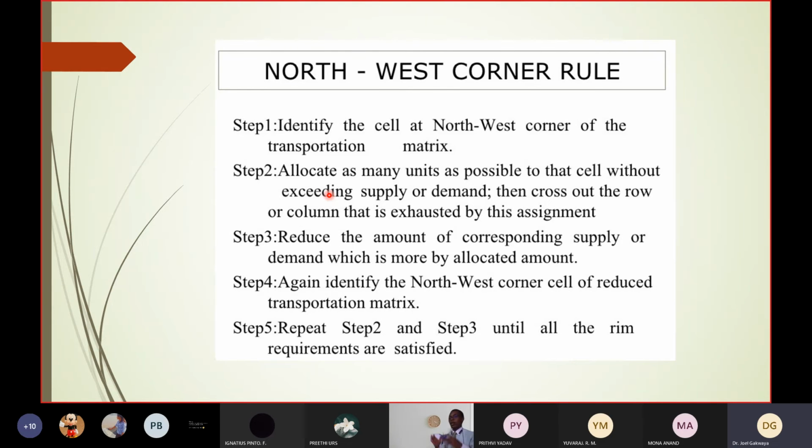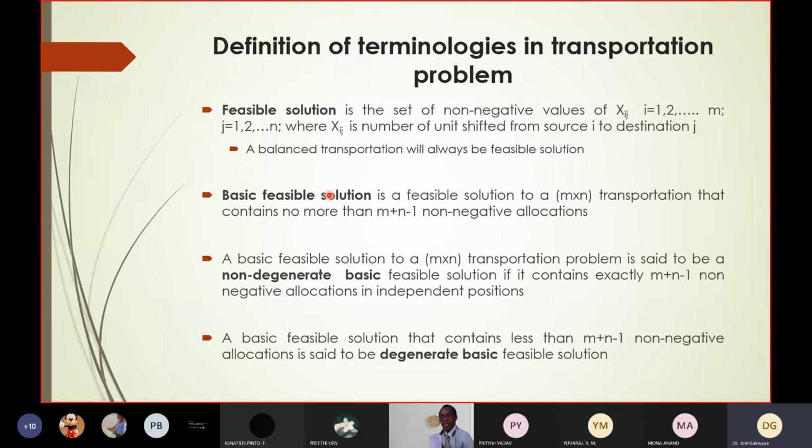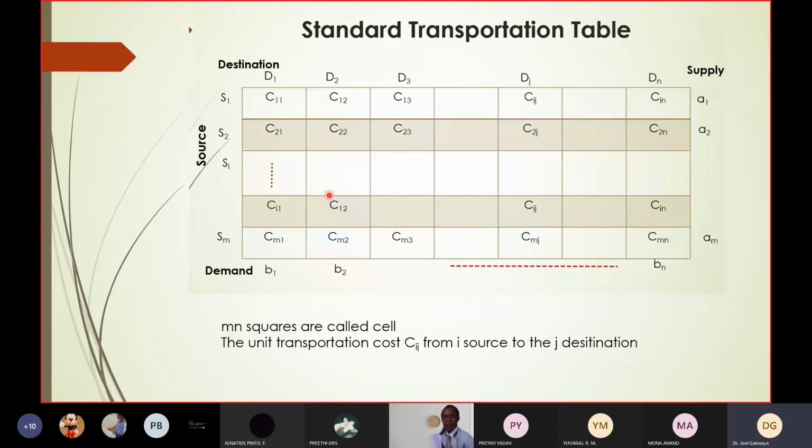Means what? Always in this northwest corner, it used to be this one. This would be the first cell to be selected. Once you select this one, you are going to compare the demand and the supply. Now, you put in the corner here the lesser of the demand and the supply.